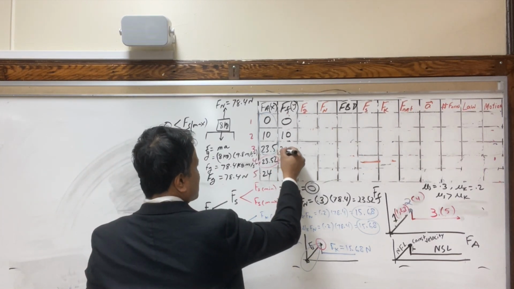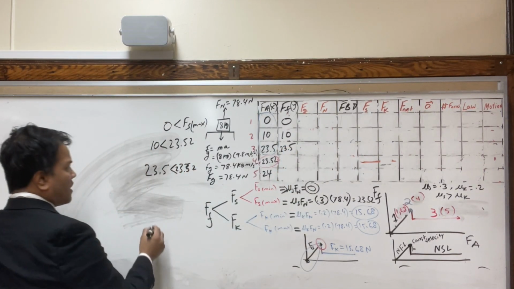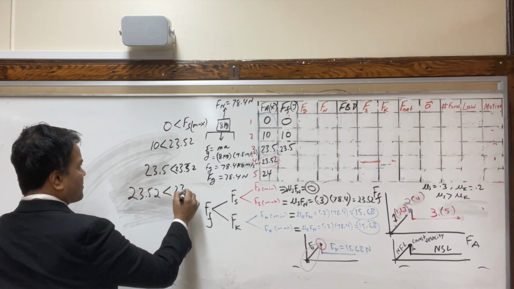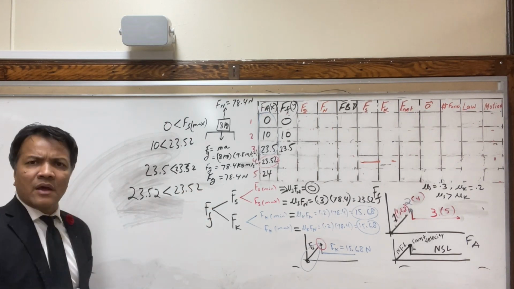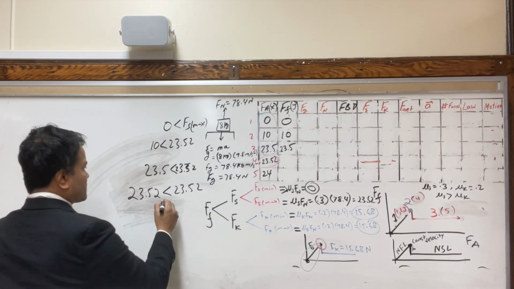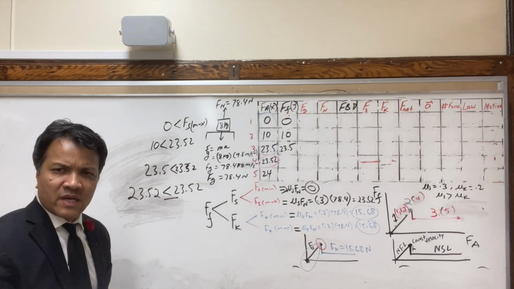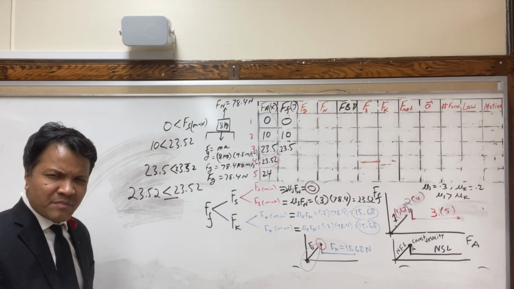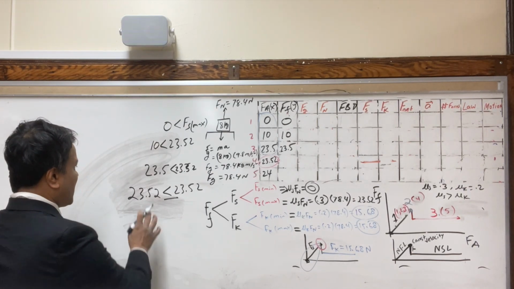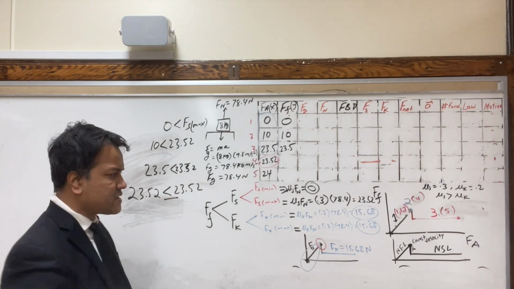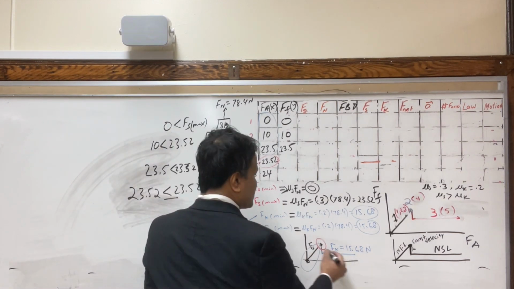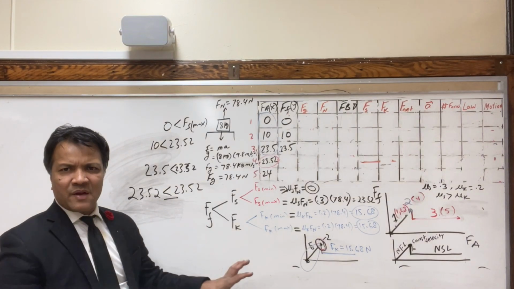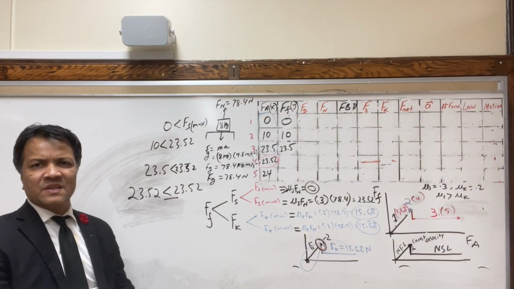So is 23.52 less than 23.52? Well, no, you have to put an equal sign. That means these two values are the same. That means this is constant velocity. That means this is location 2, where the applied force and force of friction are the same.